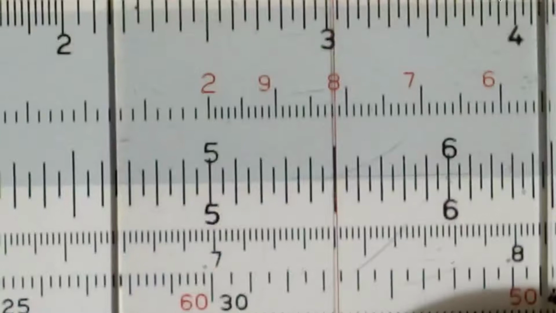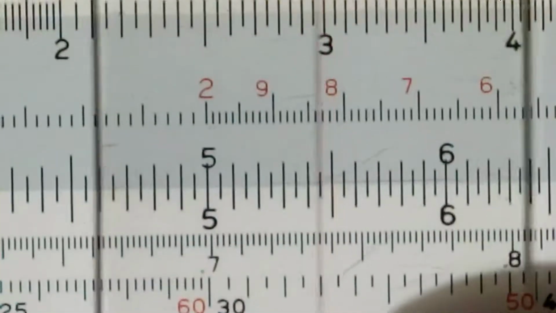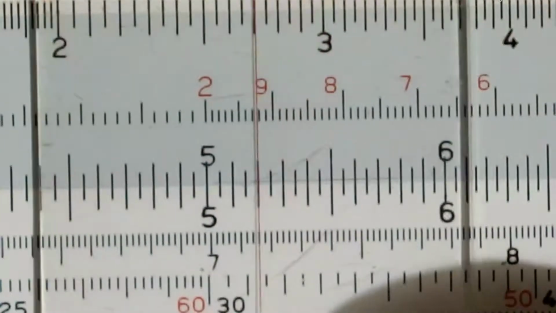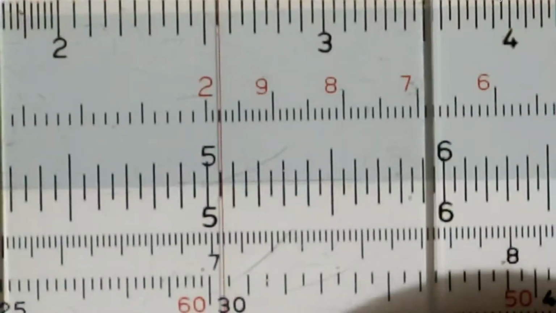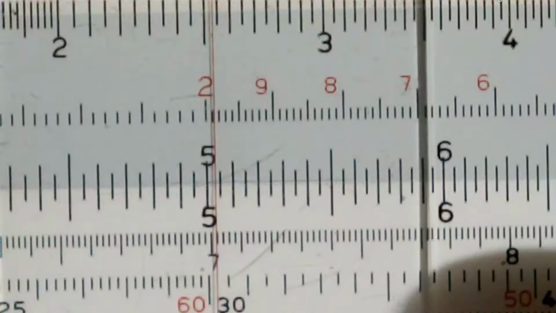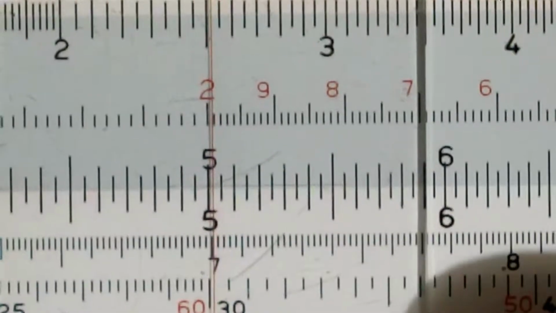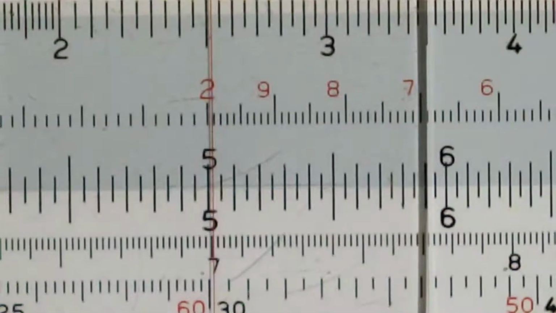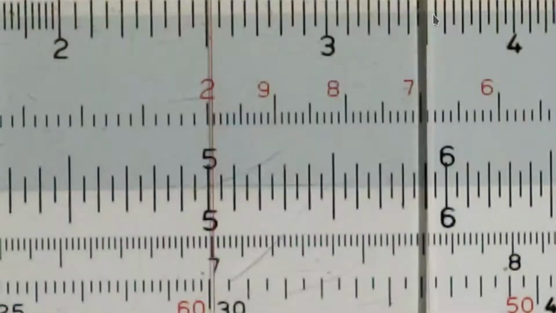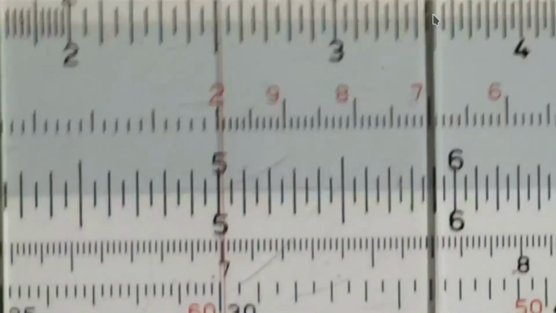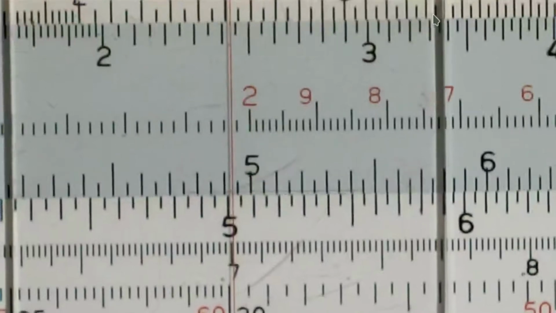So 5, that's 550, we need 502, so that is 510, and that's 505, and we need 502, which is sort of there-ish. Yep, just a little bit to the right of 5. Now to divide by 216, we need to bring in the blue bar the number 216 above that 5.02.